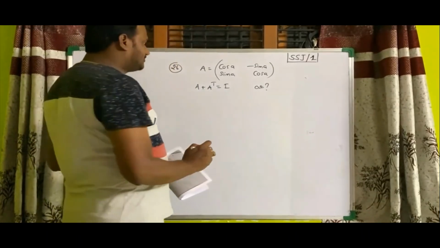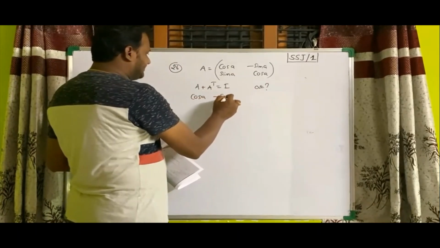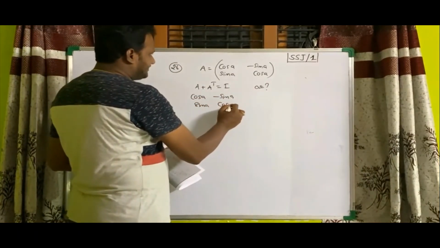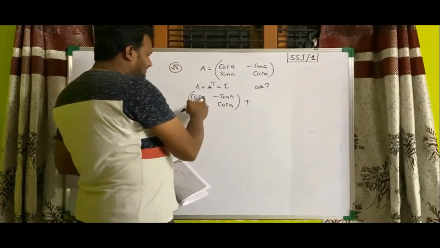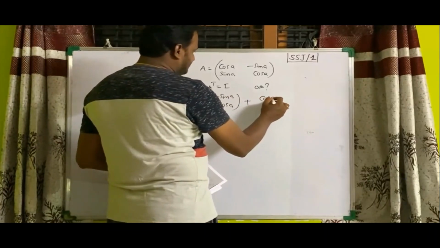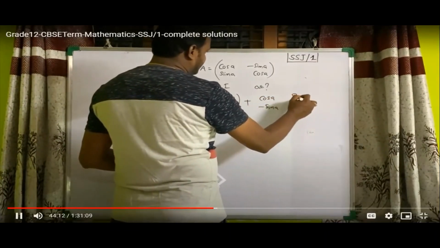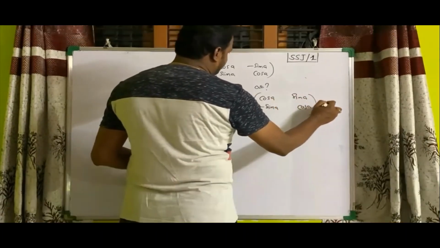Right? So A plus A transpose means this is cos A, minus sin A, and sin A, as well as cos A, plus what is A transpose? Cos A, sin A, and minus sin A, cos A. This is equal to I, right?